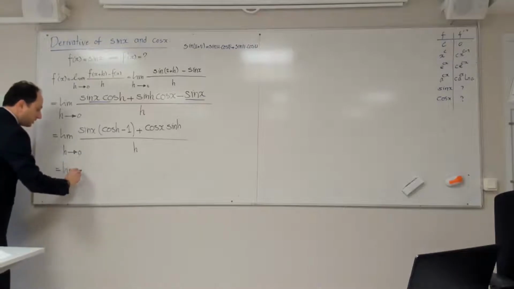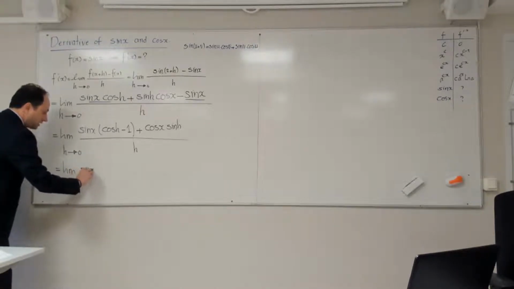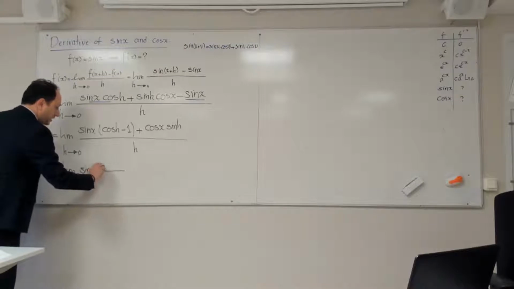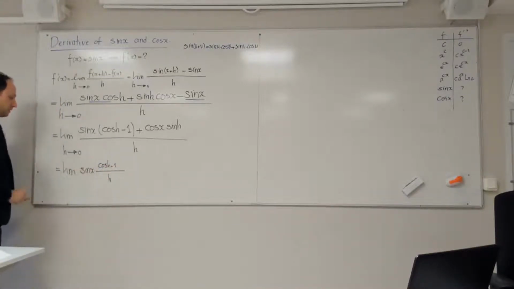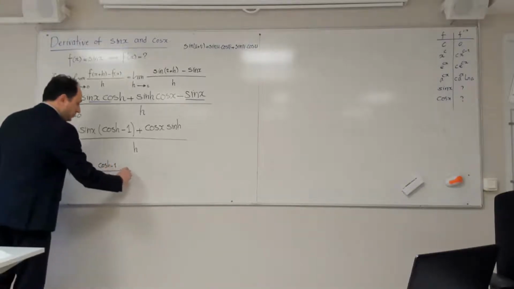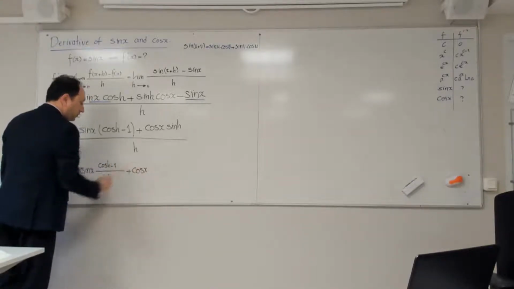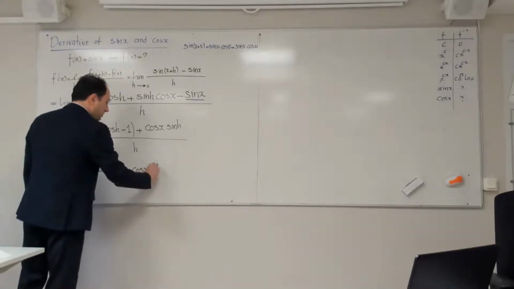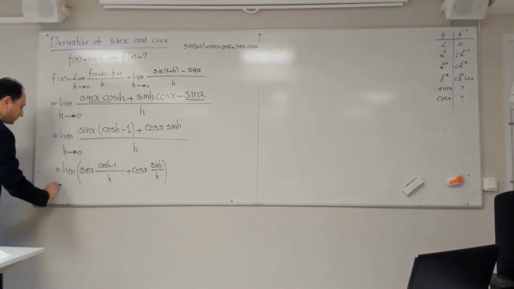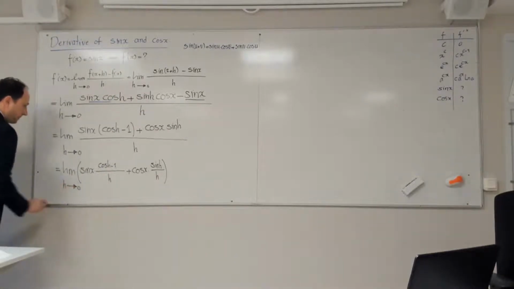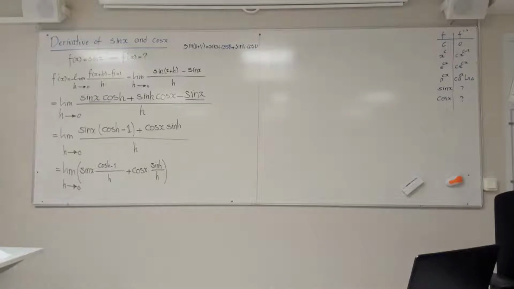So I write it in this form: sine x times cosine h minus 1 over h, this is a product, plus cosine x times sine h over h, as h goes to 0. So that's exactly what we had before.